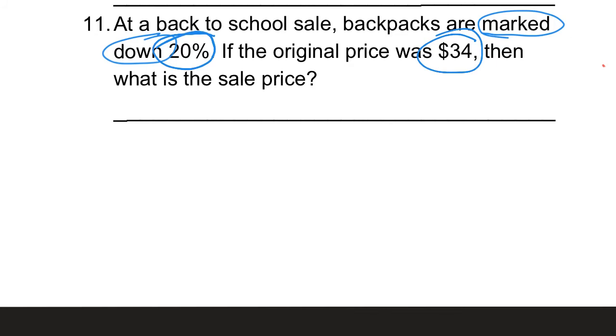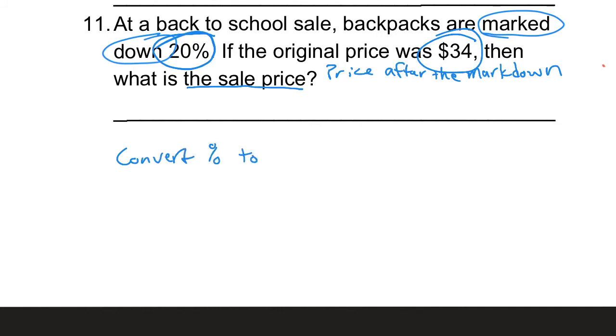Okay, these are the things that I know. What are they asking me to find? The sale price. Okay, so when I say sale price, they're asking for what is the price after the markdown. Okay. And the way we do markdown, I'm going to put it underneath here. I'm going to remind you, we convert percent, go ahead and write that down, to decimal.